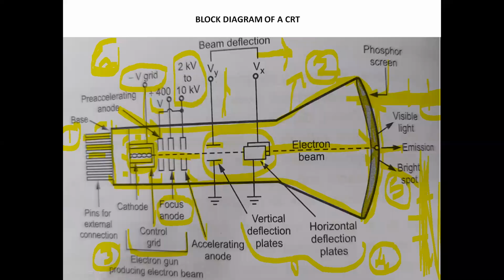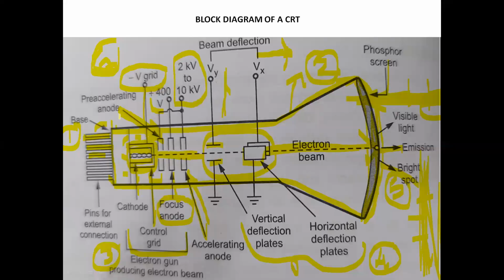That acceleration is provided by the anode section. It comprises 3 anodes: one is the pre-accelerating anode, and then the accelerating anode. In between them there is a focusing anode. In between these anodes, there is a very narrow tunnel, a very narrow aperture.